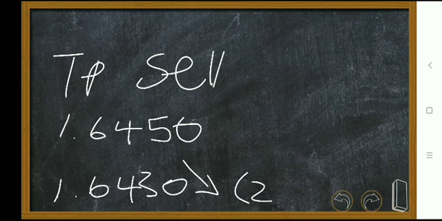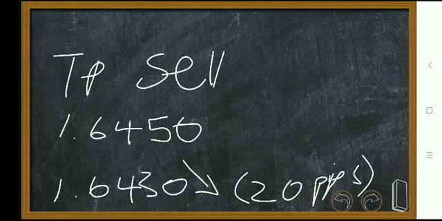That's around 20 pips. So your TP will be lower for a sell. Because remember, if you sell and price goes down, or price drops, you're making profit. So your take profit will be in that direction of your sell, which is lower than your entry price.